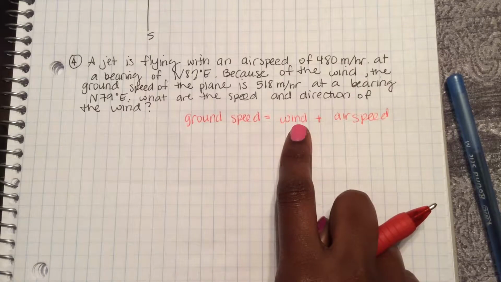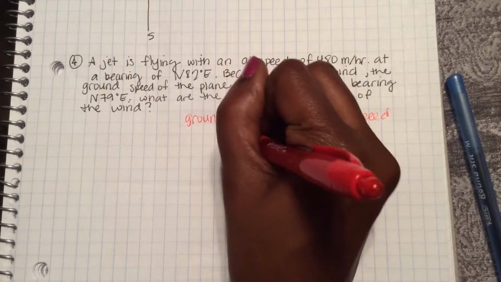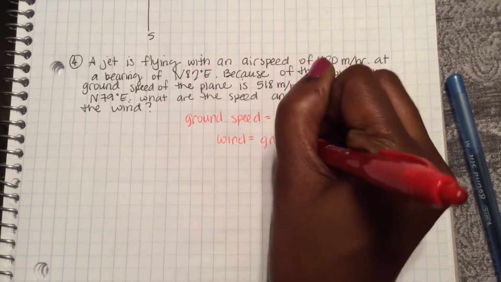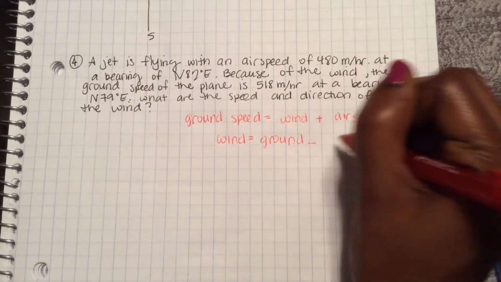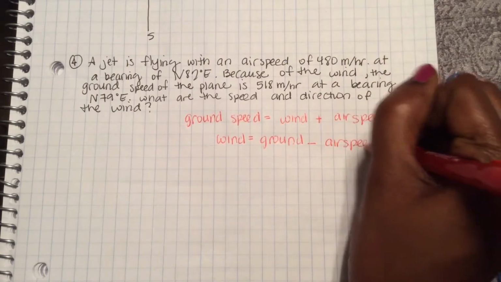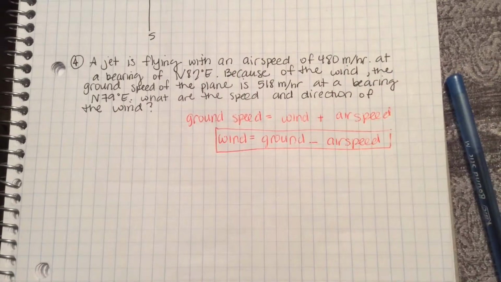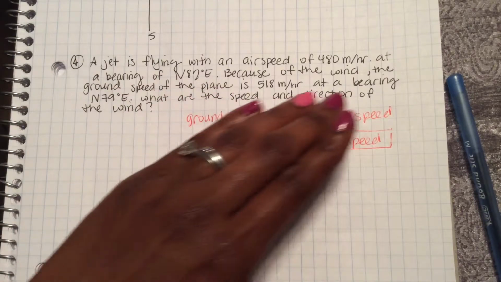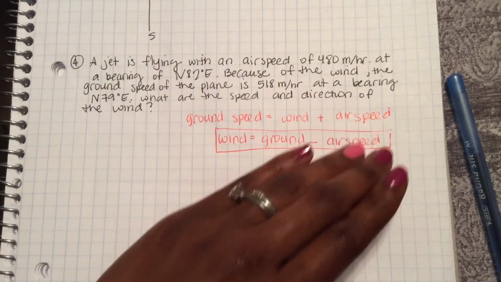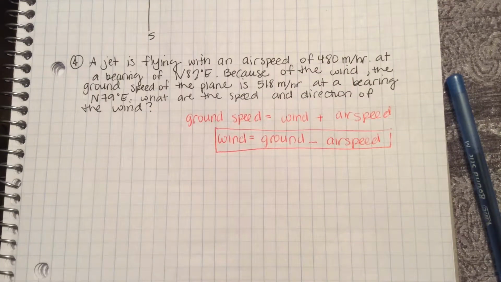So in order to find my wind vector, it is going to be my ground speed vector minus my air speed vector. So keep that in mind, because the ground speed is being affected by the wind's force on the air speed. So to find the wind, I subtract the air speed from the ground speed.